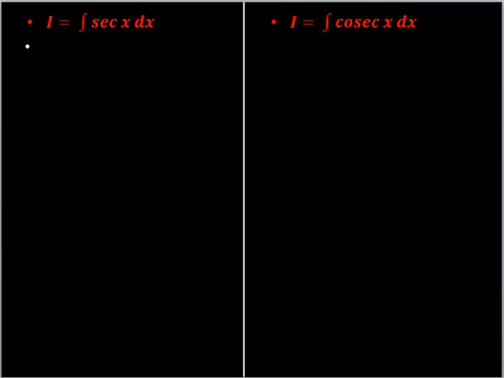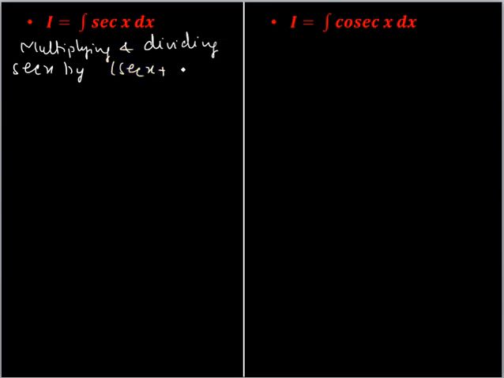So what I am going to do is multiply and divide sec x by sec x plus tan x. Just now, in one of the questions we have done, we integrated the product of sec x with sec x plus tan x. It came out to be sec square x plus sec x tan x, and we were able to integrate it.